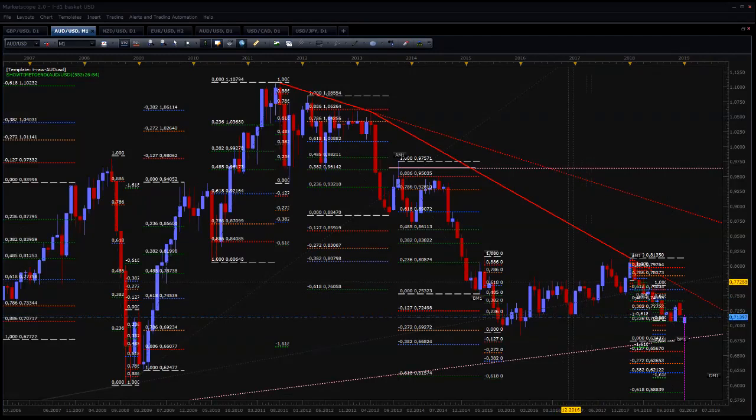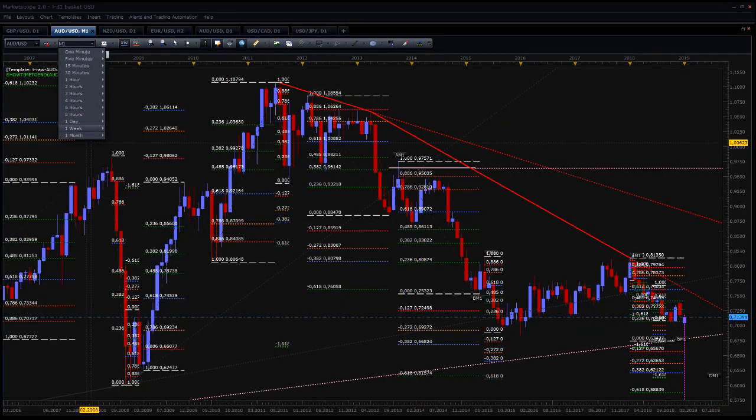So this is a monthly chart. The market of Aussie dollar on a monthly basis, if we look at it from a distance, is a pullback from an uptrend. Let's switch to the weekly now.